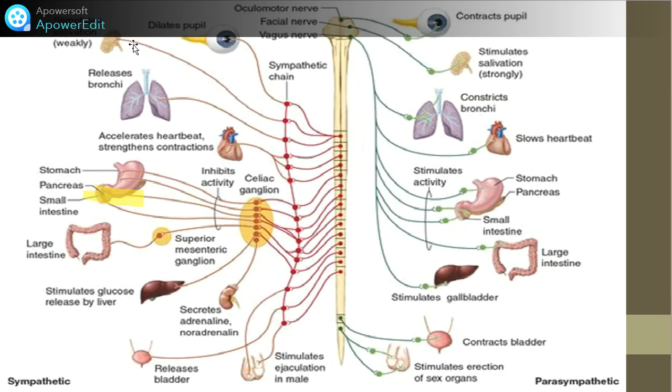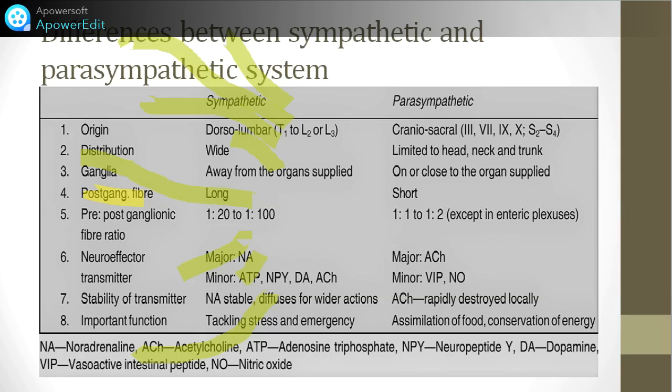So these all are postganglionic fibers which are long in sympathetic system. Pre-post-ganglionic fiber ratio is 1:20 or 1:100.